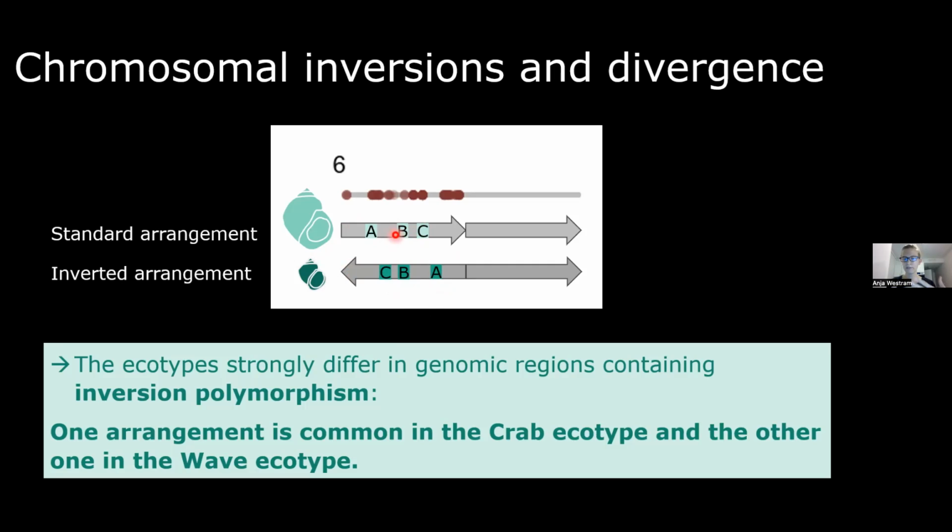And of course, if you have these two blocks that are very different, and one of them is associated with the crab ecotype and the other arrangement is associated with the wave ecotype, then you will have very high differentiation in that region of the genome, and you will find a lot of outliers in that region. And that is exactly what is happening here, for example, in this linkage group 6 cluster of outliers that I showed you. So we have one arrangement in crab and the other arrangement in wave.